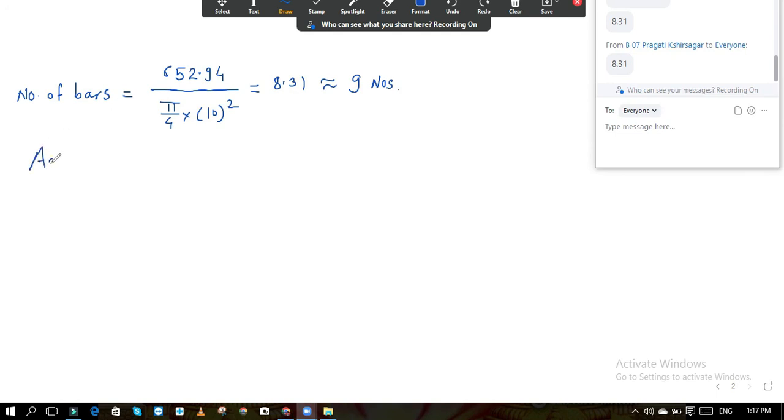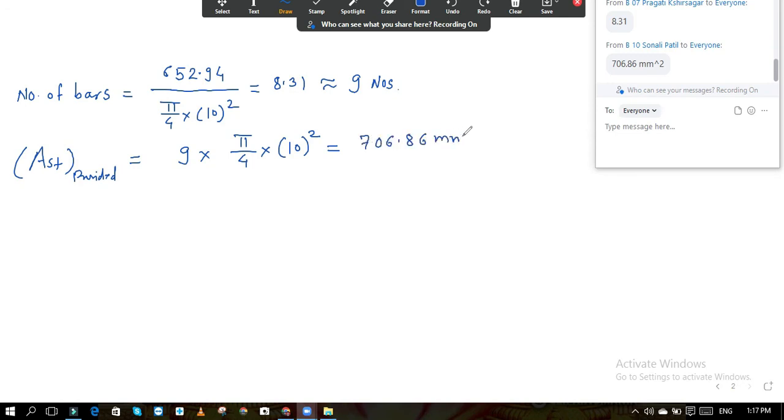Now calculate Ast provided. Ast provided is equal to 9 bars, each of diameter 10 mm. 706.86 mm square. This area we are going to provide. Now calculate the spacing of the bars.